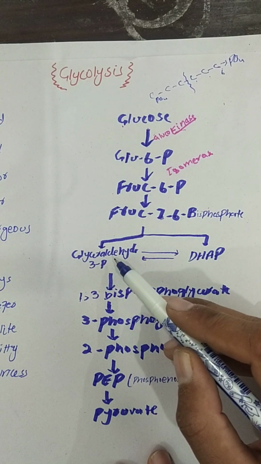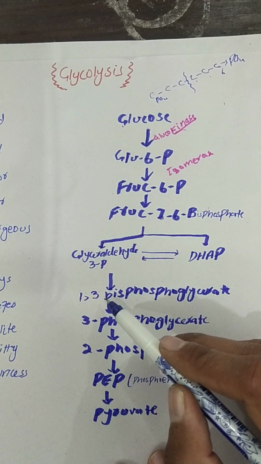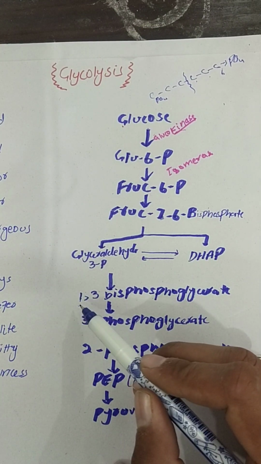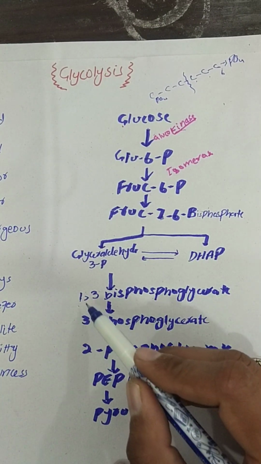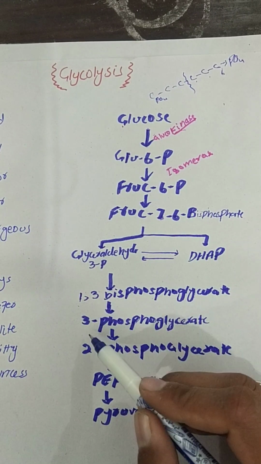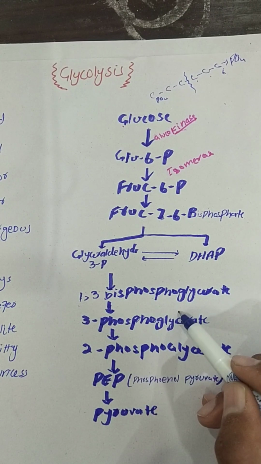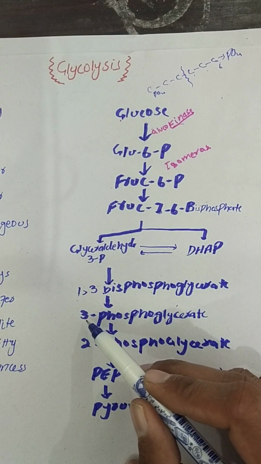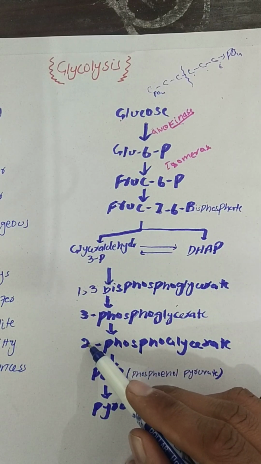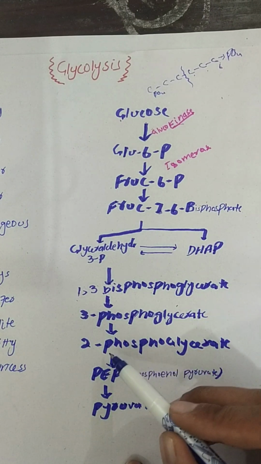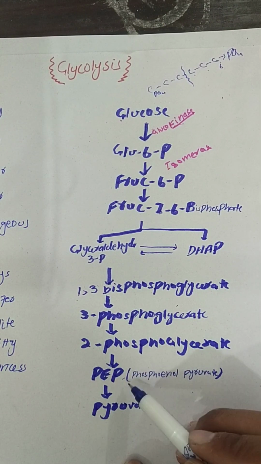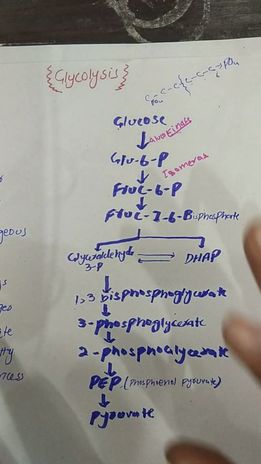Then in 1,3 bisphosphoglycerate the phosphate at position 1 is removed and we just have one phosphate at position 3, and now the compound is called 3 phosphoglycerate. This phosphate can be shifted from position 3 to position 2, and we call it 2 phosphoglycerate, which is converted into phosphoenolpyruvate, mostly called PEP, which is converted into pyruvate. So this is the whole reaction.